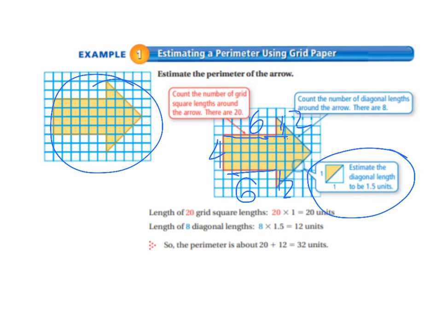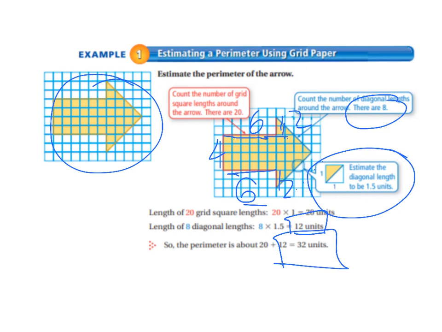If we estimate that to be 1.5, and we count 1, 2, 3, 4 of those on each side, it says there are 8, and then 8 times 1.5 is 12, so they did that for us down here. So we've done all this math. 8 plus 8 is 16, plus 4 is 20, plus the 12 is about 32 units.